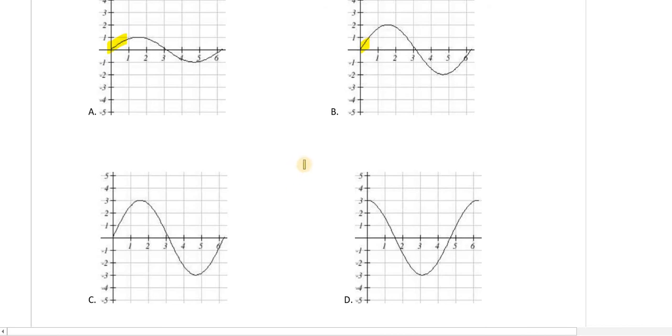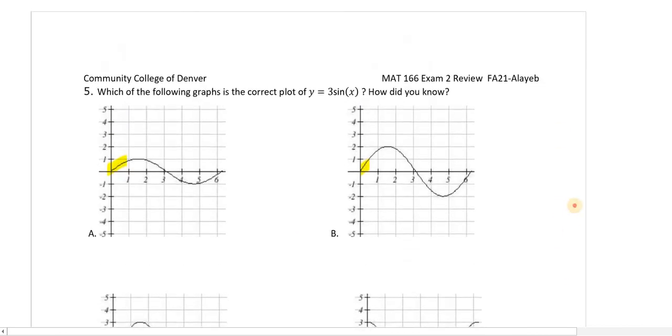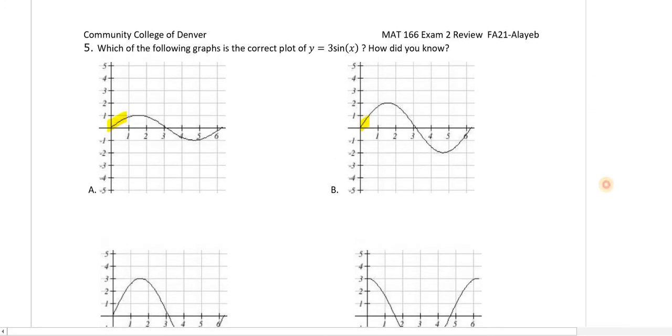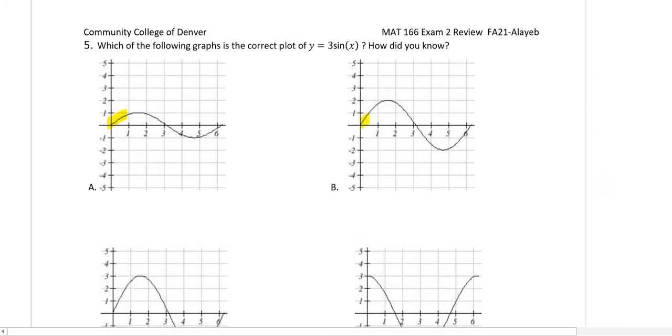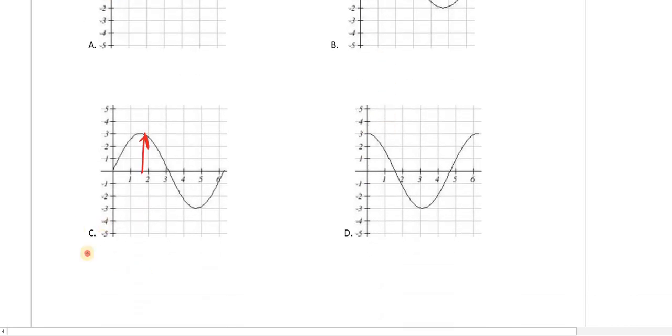So now we're going to determine which one exactly is 3 sine x. We know that 3 is the amplitude, so I'm just going to measure the amplitude here. The amplitude here is 1. The amplitude here is 2. And the amplitude here is 3, which means the correct answer is going to be C. It looks like sine, and it's also got the correct amplitude.